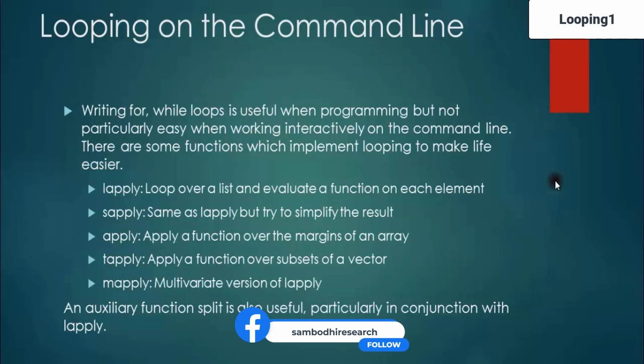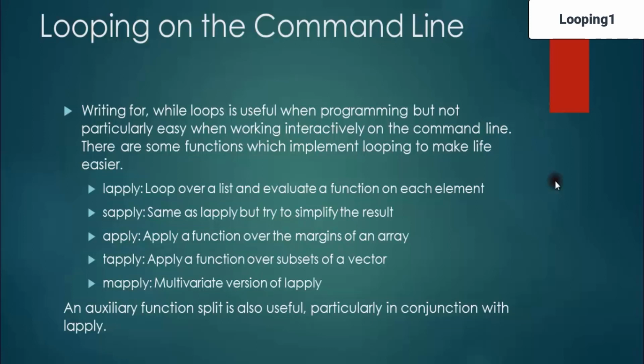I'll give you examples and it will give you a clear-cut idea of what lapply and sapply are. apply applies a function over the margins of an array, tapply applies a function over subsets of a vector, and mapply is the multivariate version of lapply.